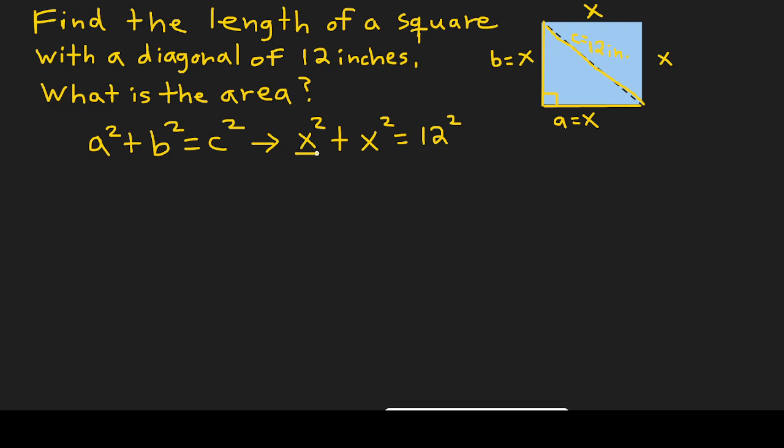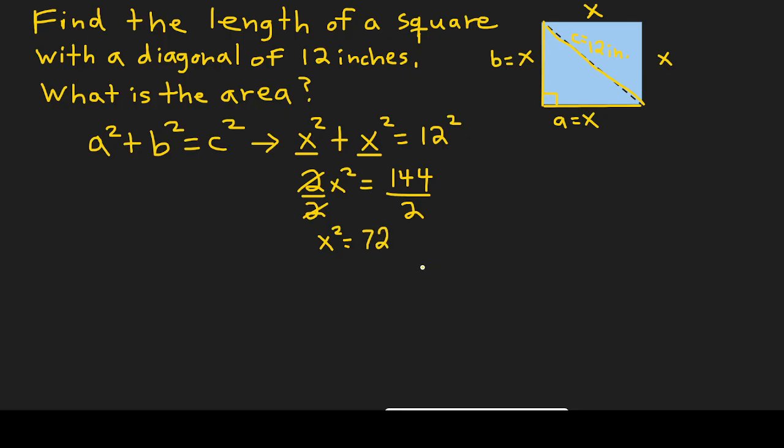So that'll lead us to x squared plus x squared is 2x squared equals 12 squared, which is 12 times 12. That's 144. And then if we divide by 2 to both sides, those 2's cancel, and then we're left with x squared equals half of 144, which would be 72.